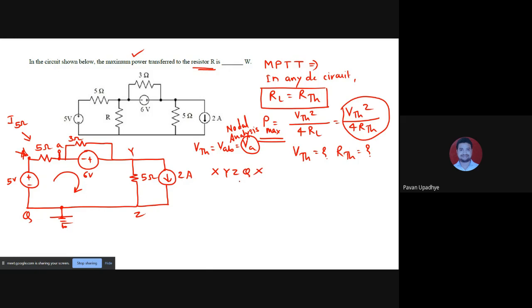This is one loop to which I can apply KVL, and let us call the current flowing through this loop I. So let us move from Q to X, then from X to Y, then from Y to Z, and Z to Q, and then Q to X again. From Q to X, when I move, I get 5 volt. Then from X to Y, I have two things to write.